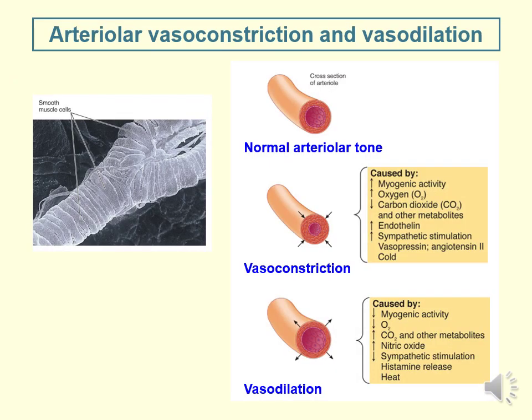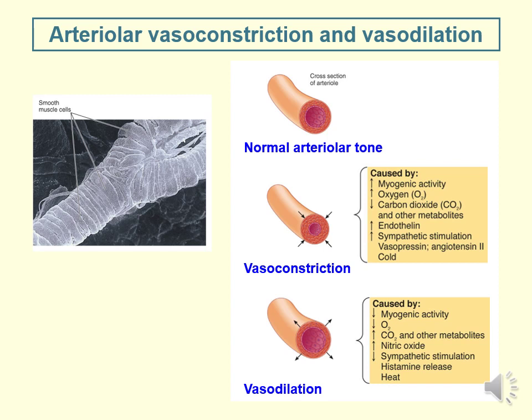So as I said a moment ago, we have no conscious control over the diameter of the arterioles in our body. So our body just changes the diameter of those things. There's a whole vast range of different control mechanisms, and again, I'm not going to go into them in any particular detail.